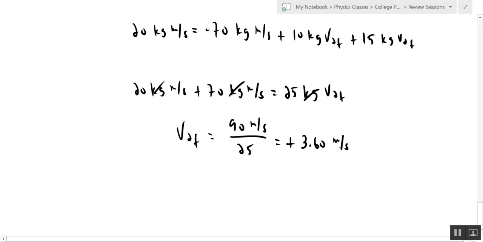So that's the velocity of the second mass, the 15 kilogram mass, after they collide. It's going at 3.60 meters per second in the positive x direction.